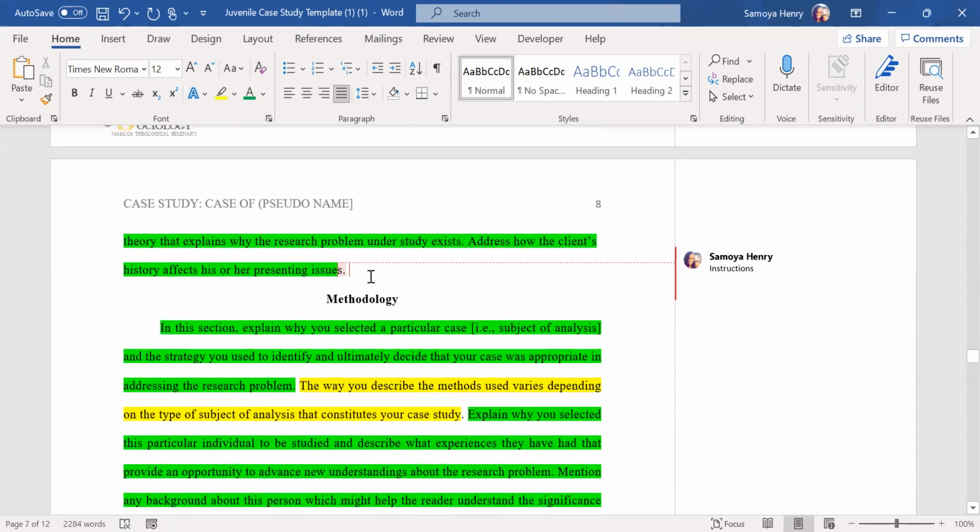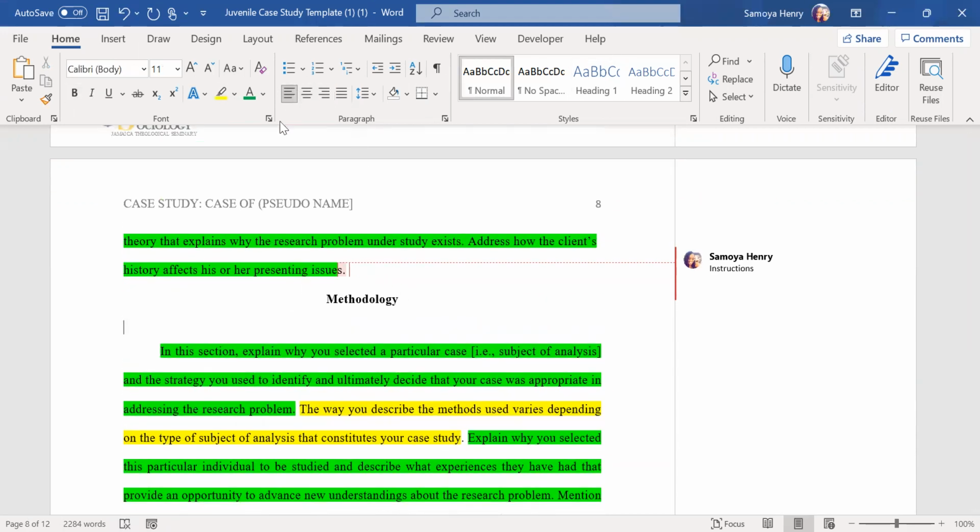Okay, so your method, I can explain to you how you chose your person. Let us say you select this person from your job. Okay, you got permission from your job to be able to work with this person. So Jane, let's just say I'm a caseworker as well, or a casework supervisor, I don't care.